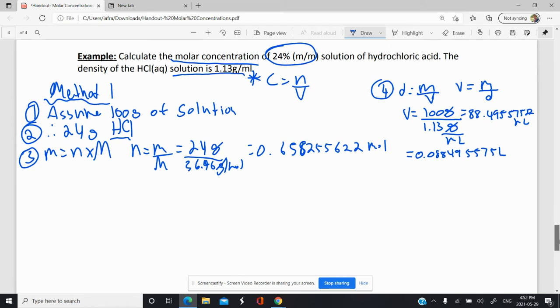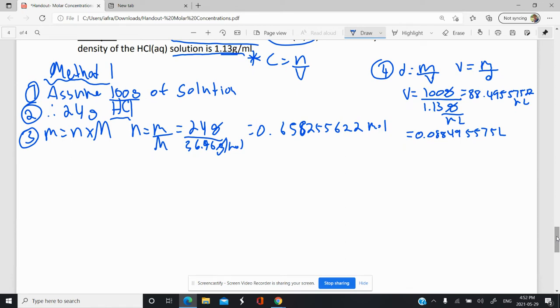So what did we do? We assumed 100 grams, which means we have 24 grams of HCl since it's a 24% mass solution. So we found our moles. Now, if we assumed 100 grams of solution, we can find the volume because we know the density and the mass of the solution is 100 grams. So we can rearrange our density equation to find our volume there. Now we have to convert that to liters.